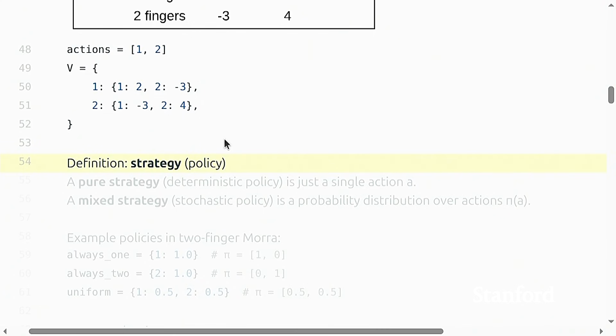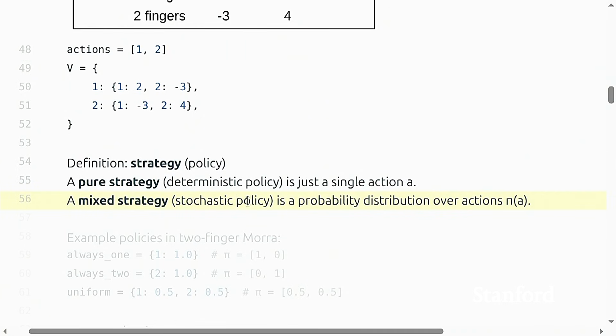It's known as a strategy. A pure strategy is a deterministic policy, and a deterministic policy is just a single action. And a mixed strategy, also known as a stochastic policy, is a distribution over actions.